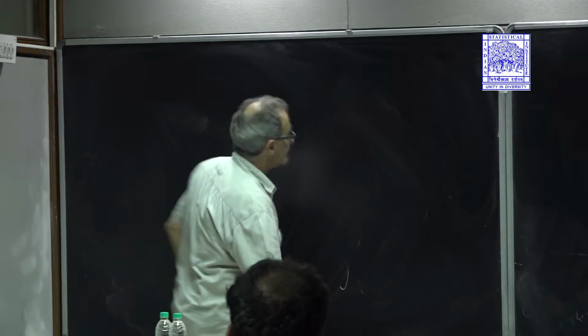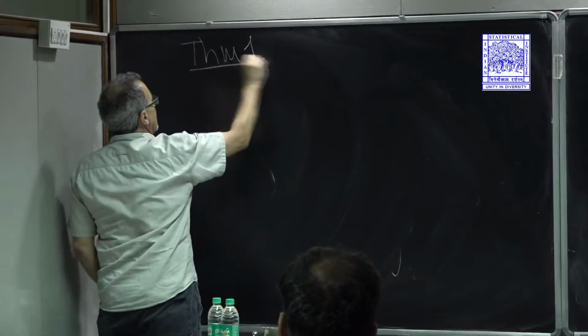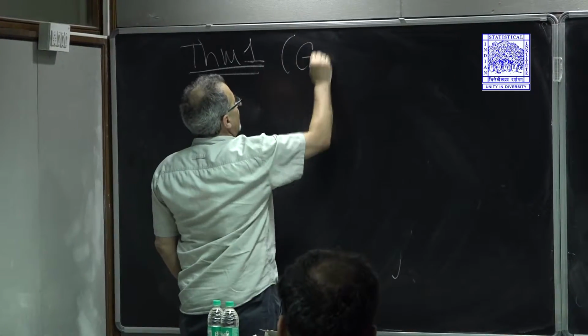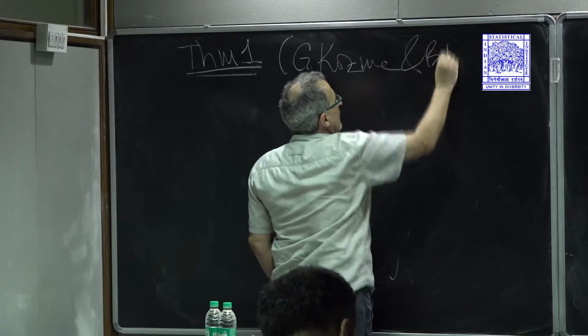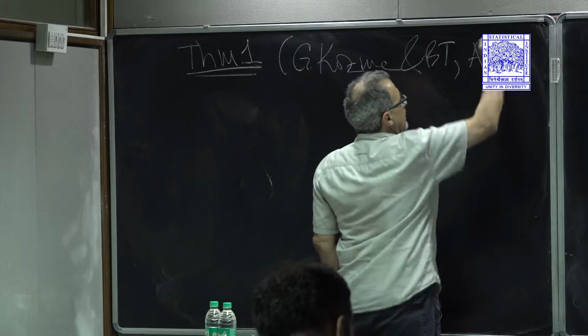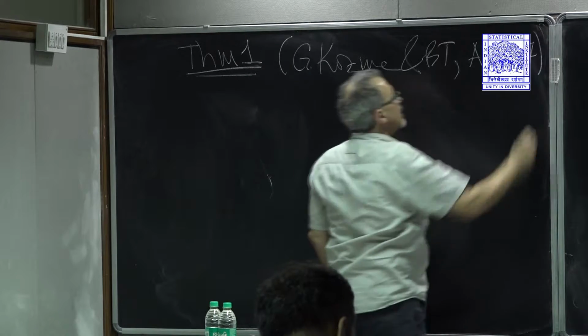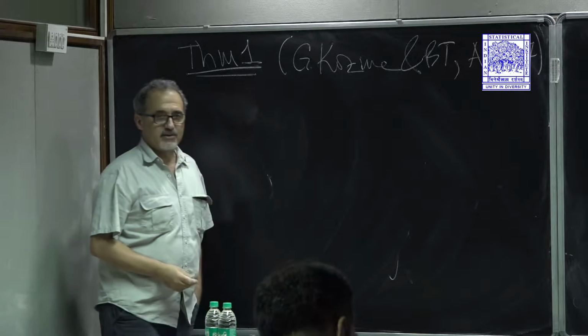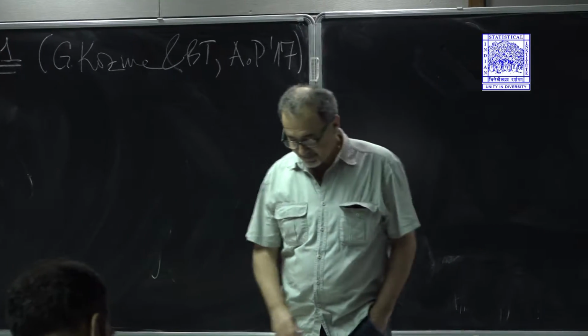So theorem 1. This is joint with Gady Kozma, and it's in the Annals of Probability, just out in December. It wasn't submitted much earlier, it took some time till it went through, because it happens these days.